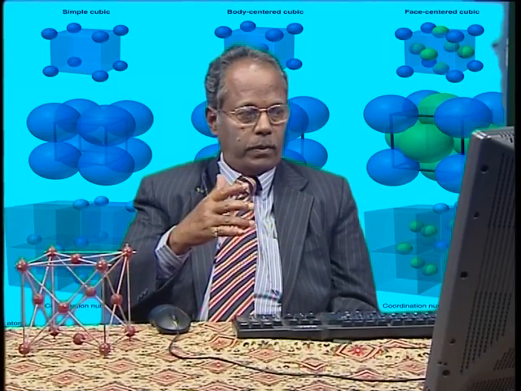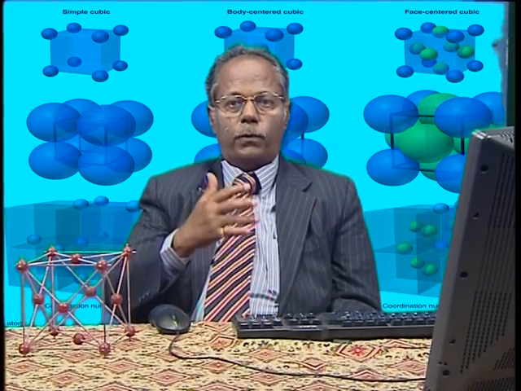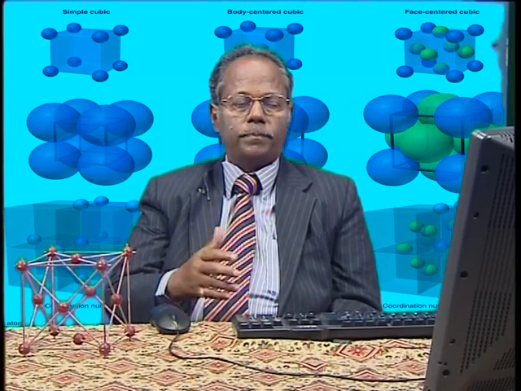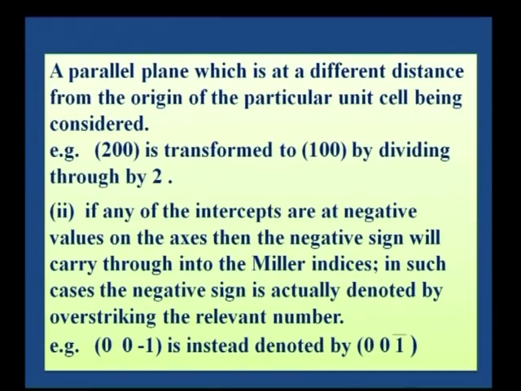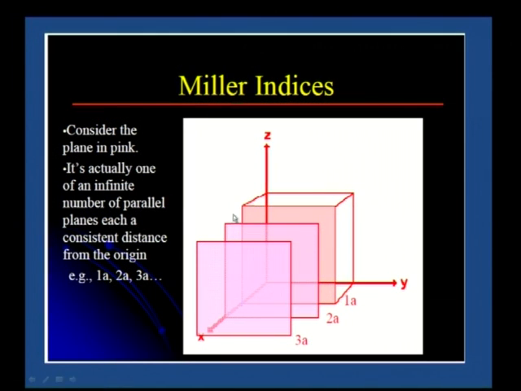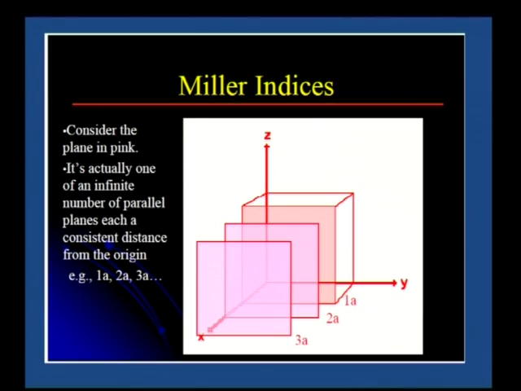That is, the intersection made by the first plane is 1a, and the second and third planes are at 2a and 3a. Now, in the family of planes that you have here, each parallel plane is at a different distance from the origin of the particular unit cell being considered. Now, this plane making an intersection at 2 times a will be 2 infinity infinity, which after reciprocals is 2 0 0.